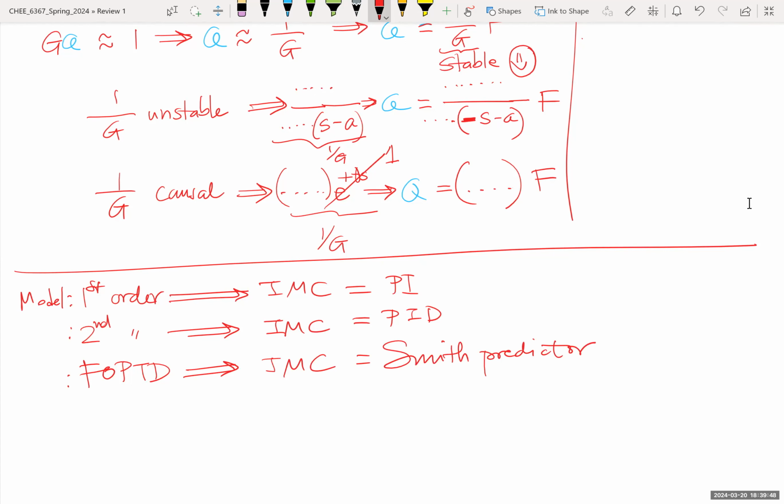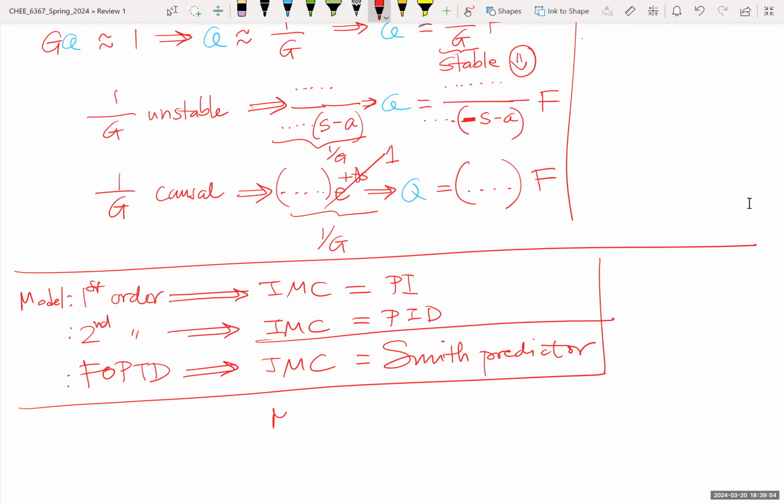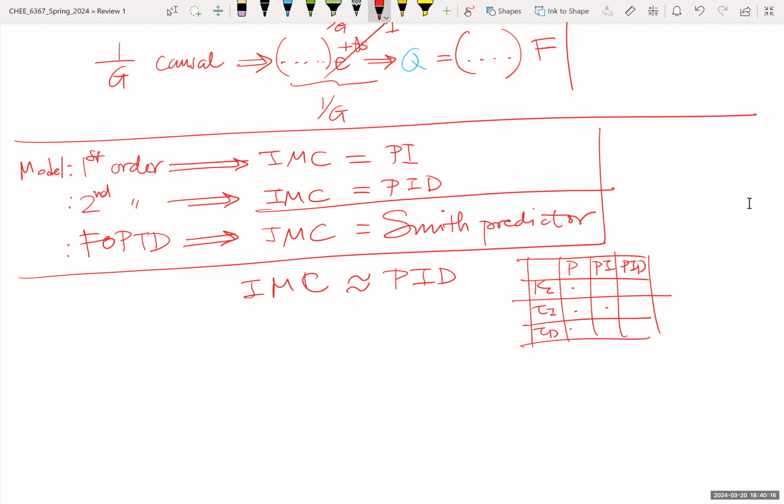And in fact, for all of these, actually those are already PID, but for any model, we can have IMC be approximately like PID. And in fact, we can have the same thing that we did for P, PI, PID: Kc, tau I, tau D. We have the corresponding formulas for IMC.